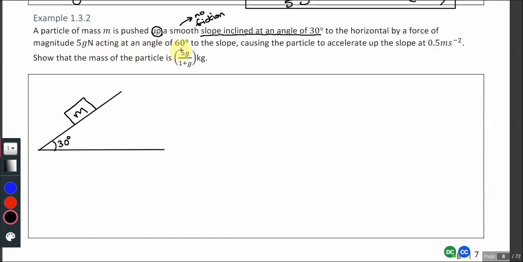So the force pushing it is acting at 60 degrees to the slope, not to the horizontal, but to the slope. So let's put this force on. So there's a force pushing the object, and it is acting 60 degrees to the slope.